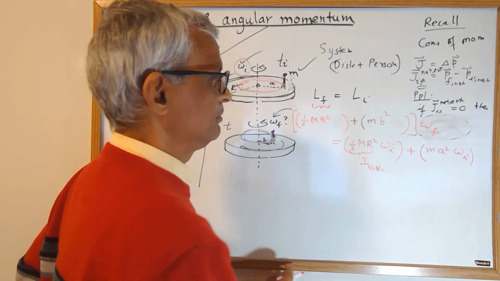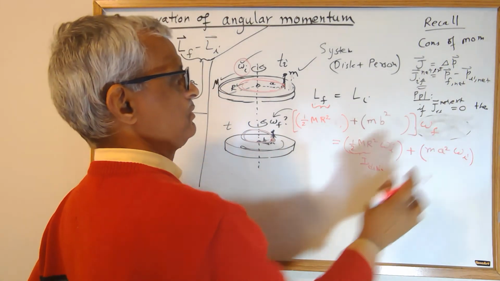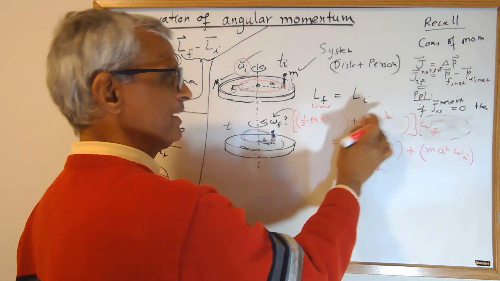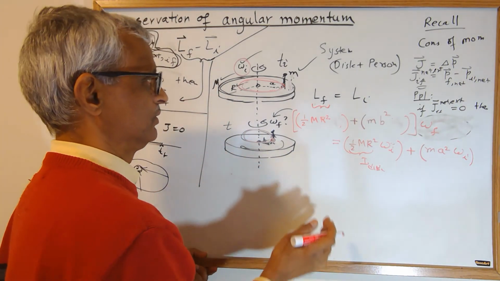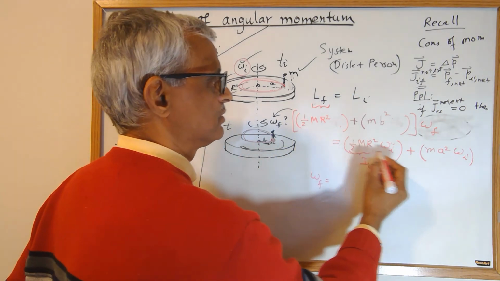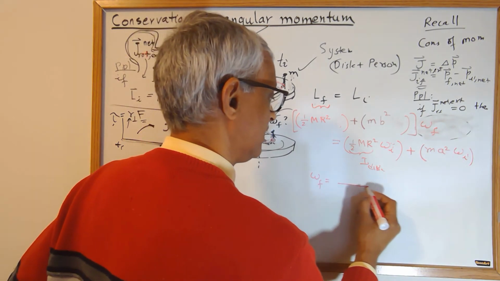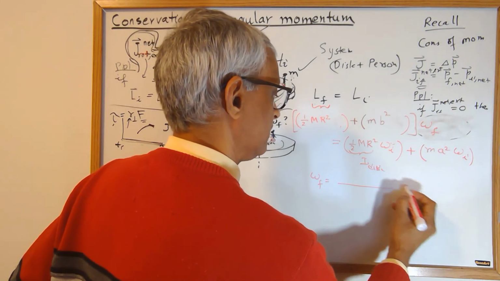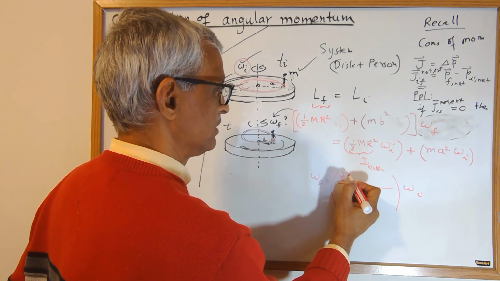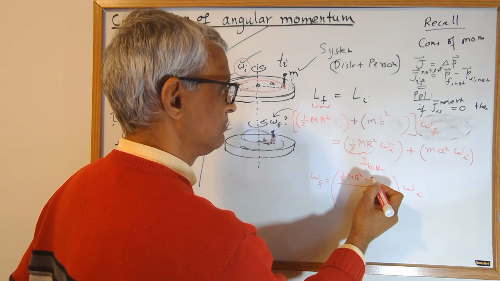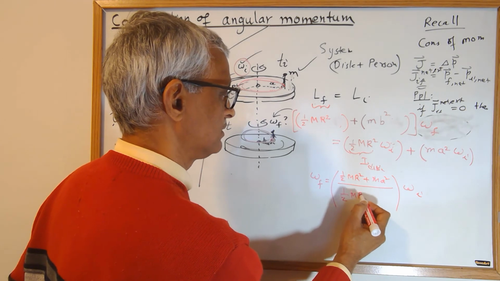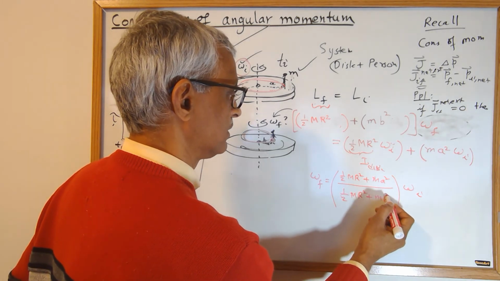Omega f is common between these on the left, and omega I is common between these on the right. Here is m a squared, here is m b squared. If they were equal, we would cancel it. But they're not equal, and we can solve for omega f, which will be this whole combination times omega I. It will be the net moment of inertia at the initial, half m r squared plus m a squared, over the net moment of inertia at the final, half m r squared plus m b squared.